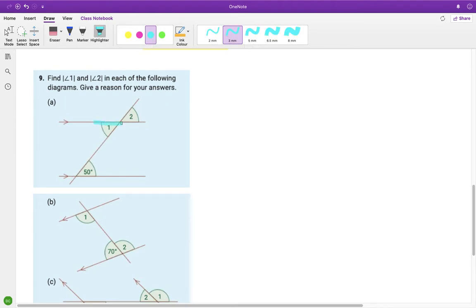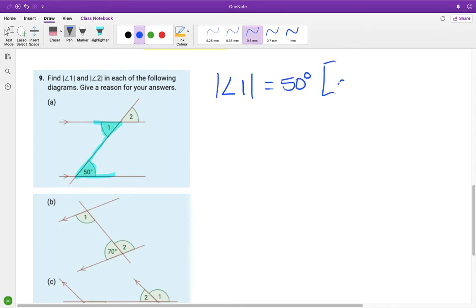Cross, down, across, and opposite sides of the transversal are equal. See it there? So angle 1 is 50 degrees. And how did I know that? Because they were alternate. Yeah?